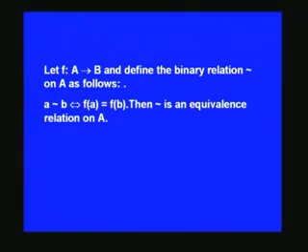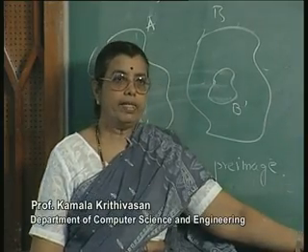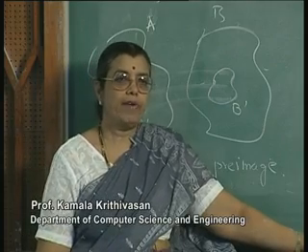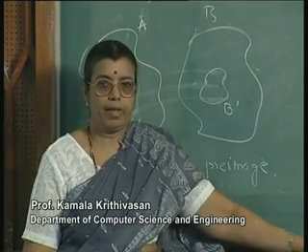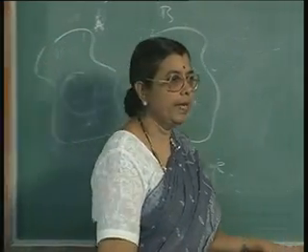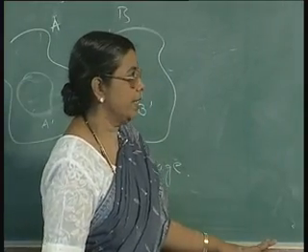Next, we see that a function can introduce an equivalence relation. We have already seen what is meant by an equivalence relation. An equivalence relation is a relation which is reflexive, symmetric and transitive. A function can introduce an equivalence relation on a set.